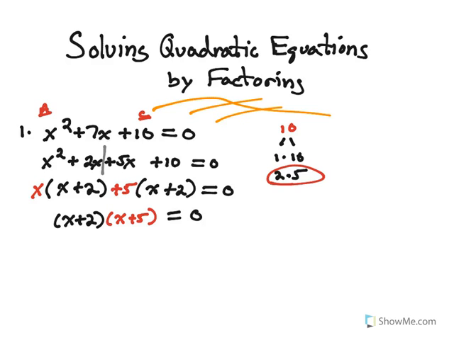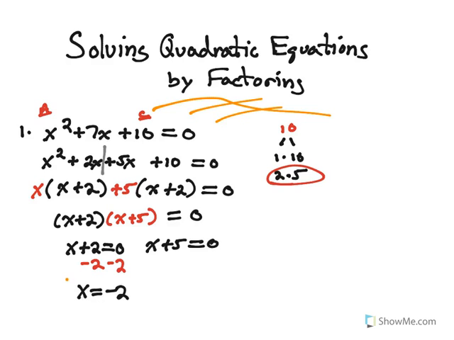Then we use the zero product property, where if the product of these two factors equals 0, then you can set them individually to 0. And we can solve for x for each equation individually. So minus 2 here gives you x equals minus 2.